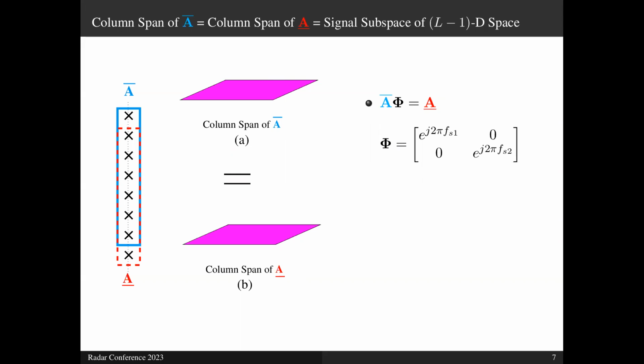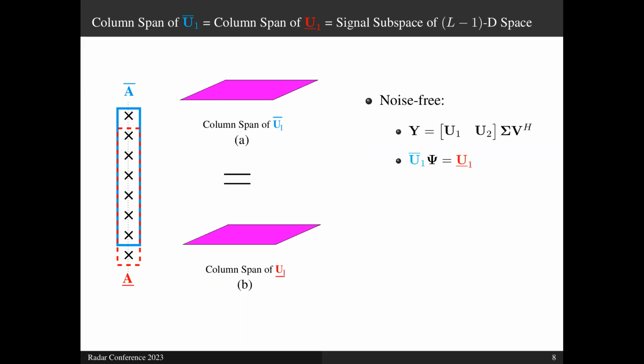But in practice, we don't have access to the array manifold matrix because it's a function of unknowns Fs1 and Fs2. What we do have in practice is the data sampled by our sensors. At first, we are going to look at the case when there is no noise, so everything is ideal.